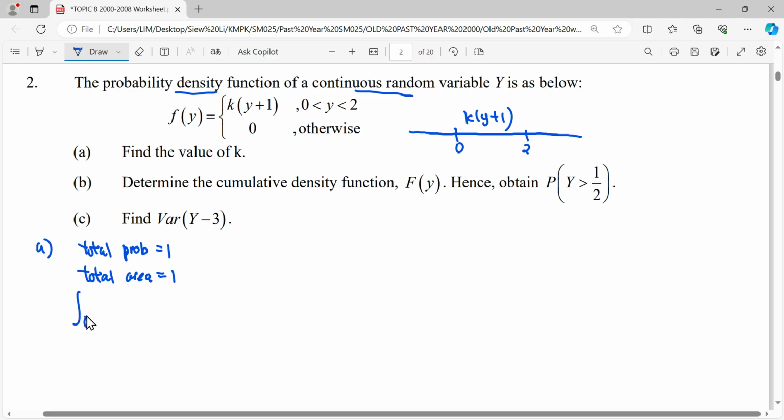Therefore, we will integrate from 0 until 2 the function k(y plus 1) with respect to y, because you're having a y random variable here. So don't do it as dx, but dy. To integrate this, k factorize out. Then power plus 1 over new power, constant 1 integrate, you get y.